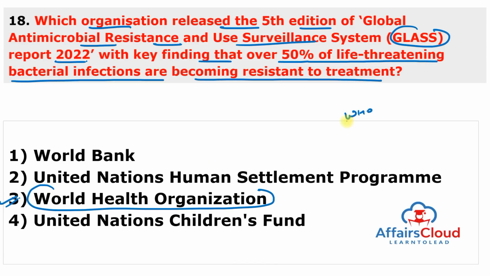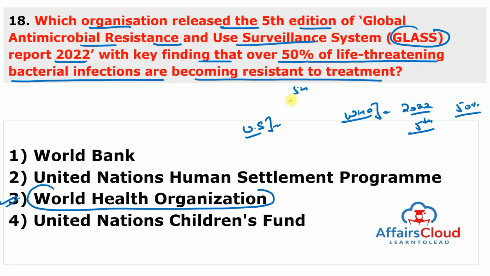So World Health Organization released the Global Antimicrobial Resistance and the Use Surveillance System, or the GLASS report 2022, and this is the 5th edition of this report, which states that over the 50% of the life-threatening bacterial infections are becoming resistant to the treatment. So this implies that the possibility of untreatable sickness brought on by the antimicrobial resistance that will devastate mankind is becoming closer.